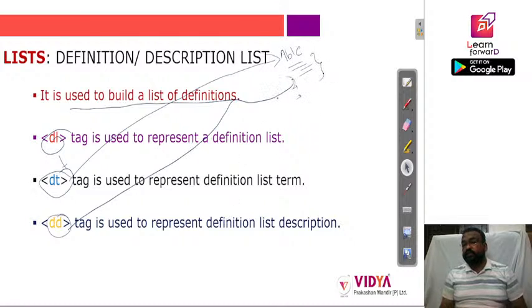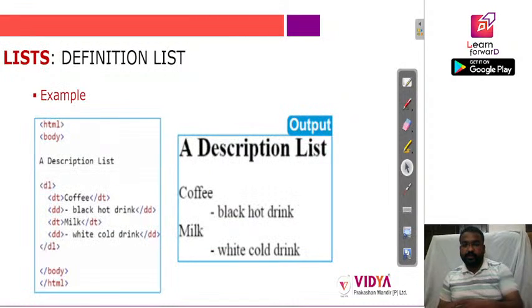So you can imagine that in a dictionary you get the definition term, like suppose there is a word "able" or "allow", and below that you get its different synonyms, meanings, and some sentences as an example. Those will be given in the DD tag, and this "able" or "allow" will be given in your DT tag. So let's see an example for that.